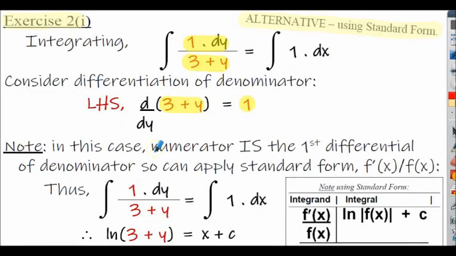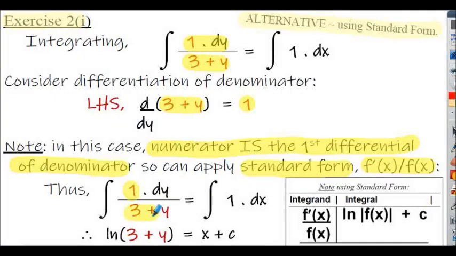So in this case, the numerator is the first differential of the denominator. So we simply apply the standard form as written, that integrating 1 divided by 3 plus y with respect to y integrates to ln of 3 plus y. Here the right hand side simply integrates 1 with respect to x, so that's x plus c. I've added the c to the right hand side here.